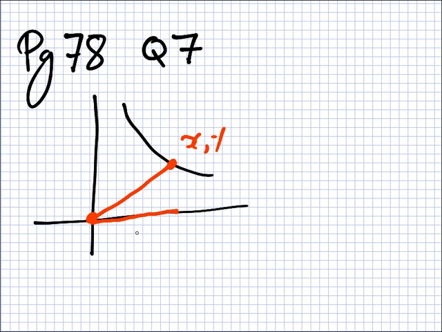This is x, and here, y. So I want this distance squared. That distance squared will be x squared plus y squared.